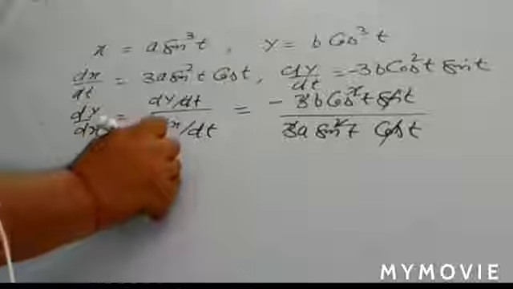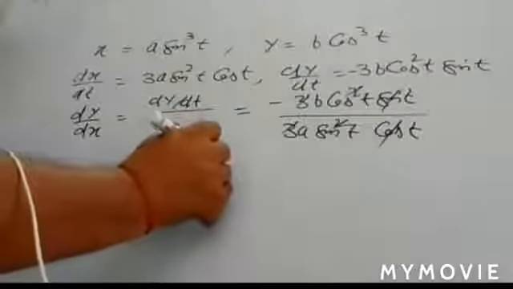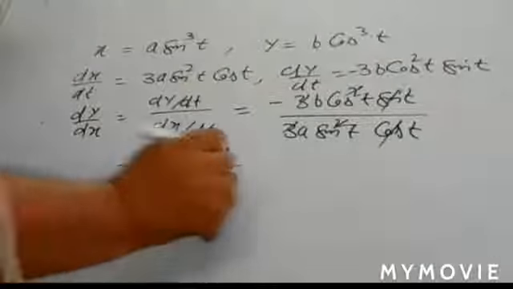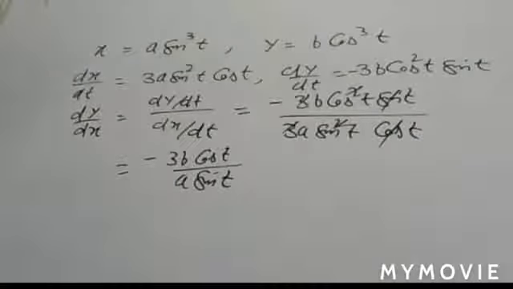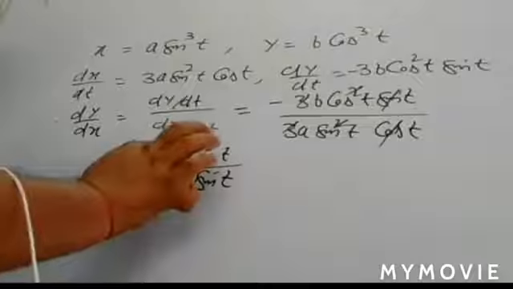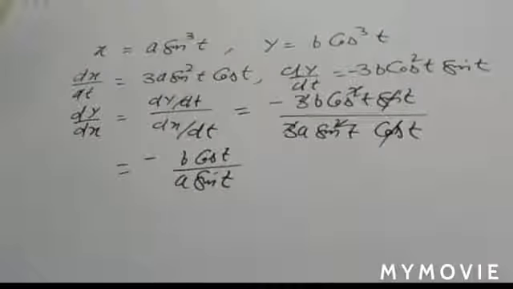You have minus b cos t upon a sin t. That gives the value of dy by dx at the given point t.